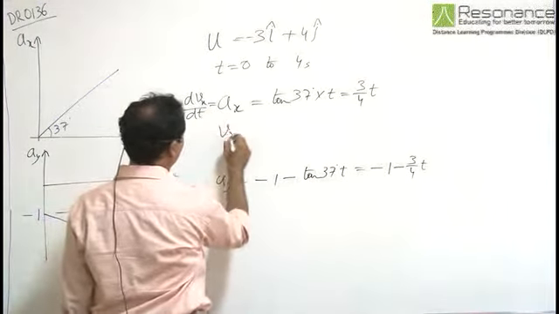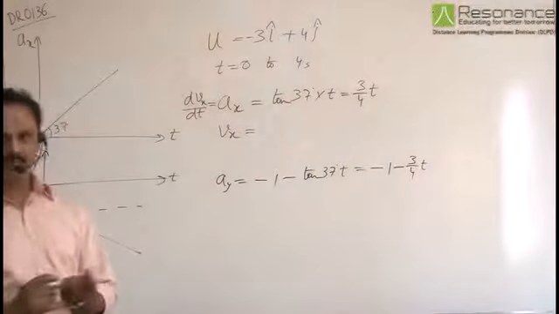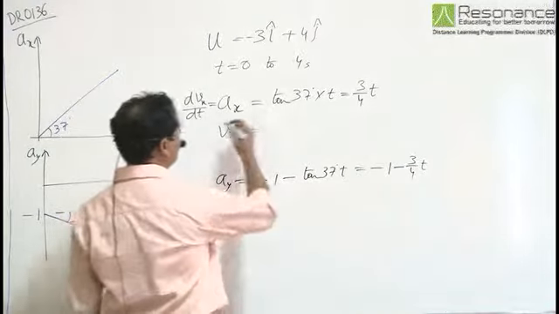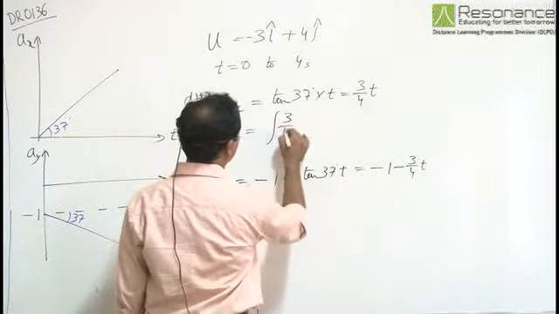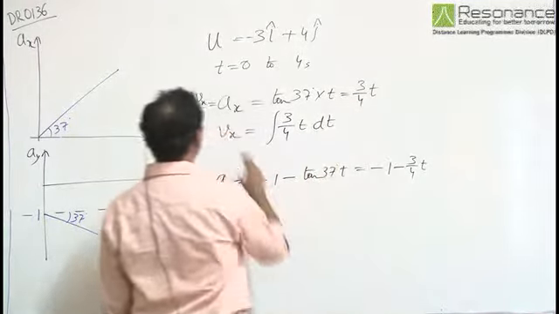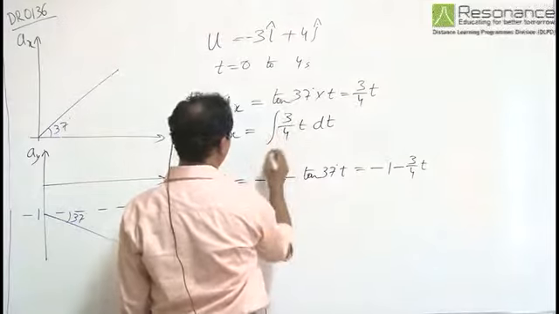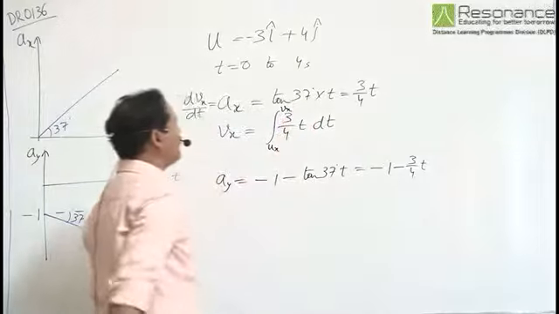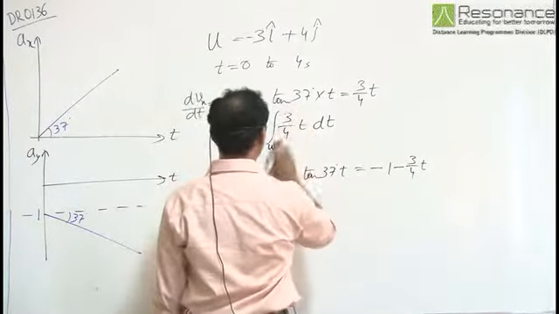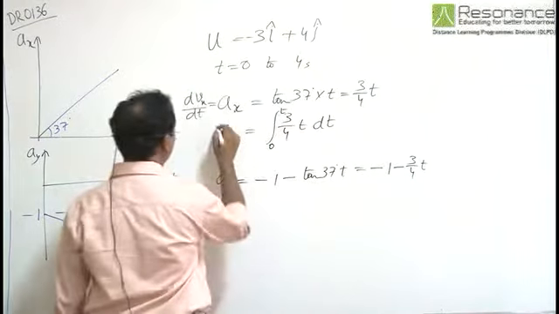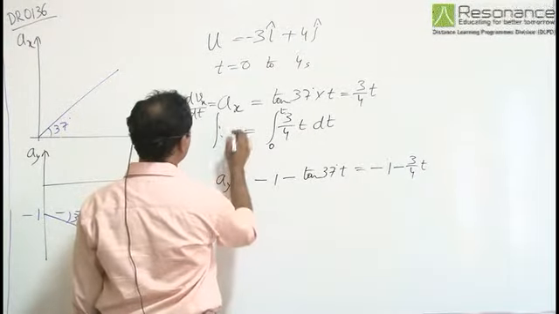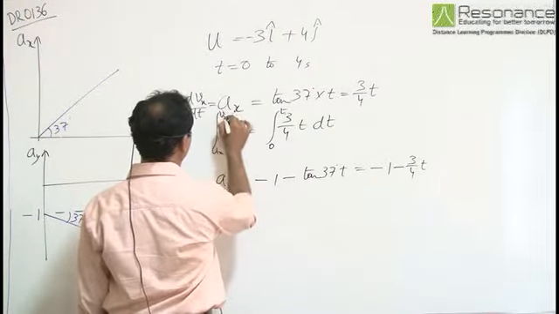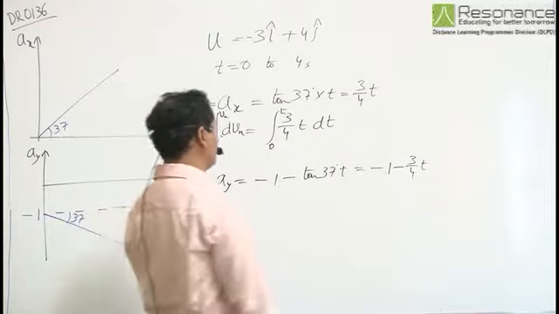So from here we can write integration of 3 by 4 t dt from time t equal to 0 to t, equal to integration of dvx from the initial x component of velocity to the final x component of velocity.